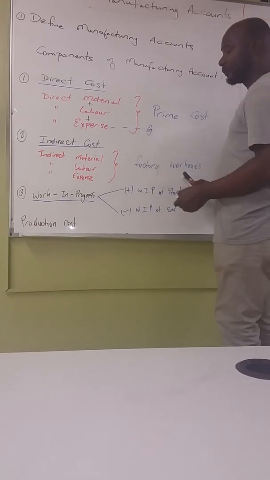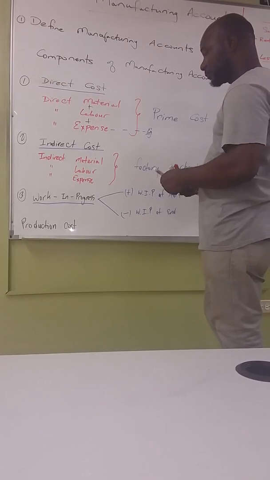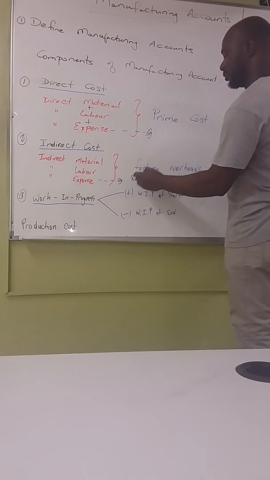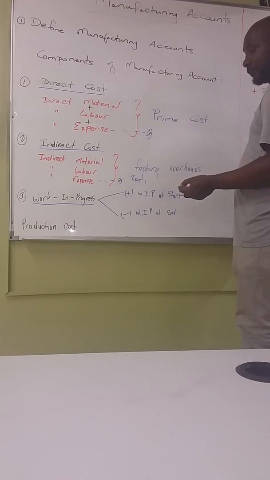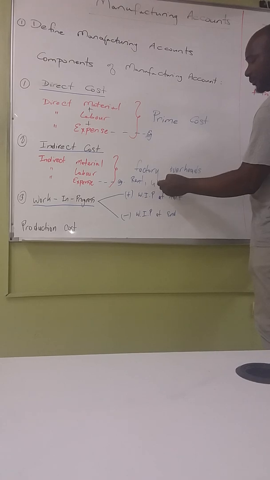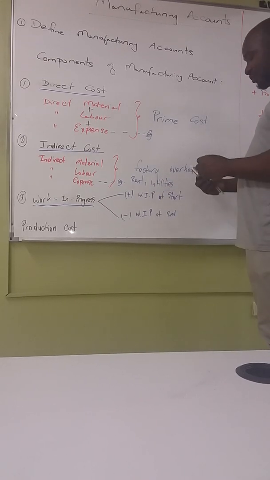Examples of these indirect expenses could have been rent, right? So rent could have been one of them. Utilities could also be another.